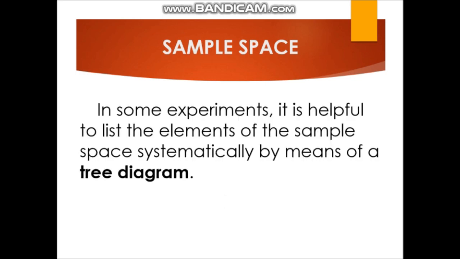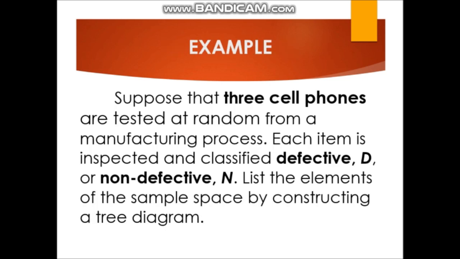In some experiments, it is helpful to list the elements of the sample space systematically by means of a tree diagram. A tree is composed of branches. We are using branches to connect one element to another element. As an example, suppose that 3 cell phones are tested at random from a manufacturing process.